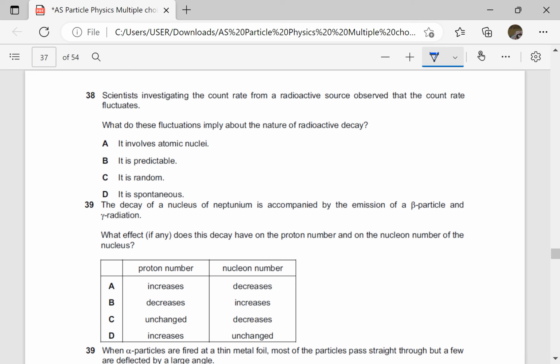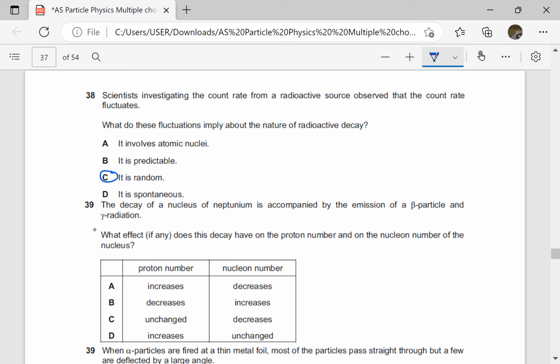Scientists investigating the count rate from a radioactive source observed that the count rate fluctuates. What do these fluctuations imply about the nature of radioactivity? That one is just the random nature of radioactivity. So it is random. It is not predictable. It is hard to predict which nucleus in a given sample will decay next.